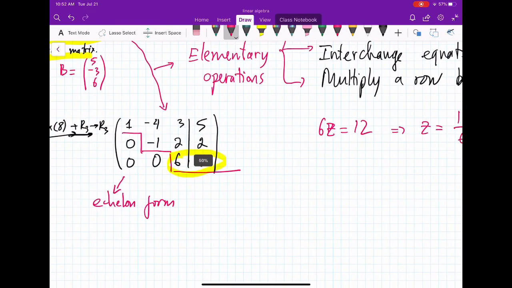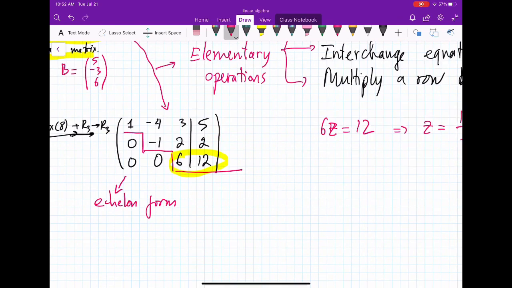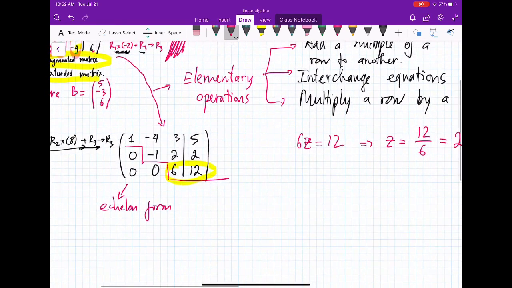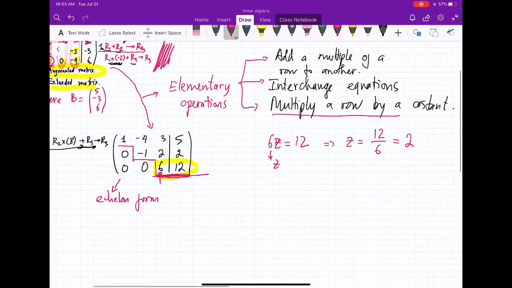But we can do that right on the matrix by dividing the third equation by 6. You see that? Because our purpose is to get 1 in here, right? Because the coefficient 1 would be z. So that is about multiplying a row by a constant or dividing a row by a constant.